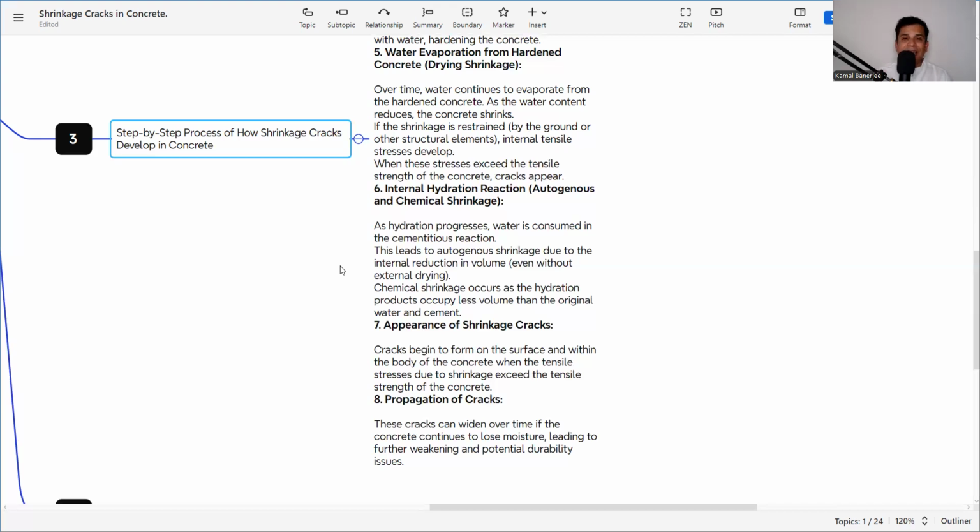And why do they appear? Whenever the volume reduces, tensile stress is generated inside the concrete, and if this tensile stress is higher than the tensile strength capacity of the concrete, the cracks will appear. So these are the things about shrinkage cracks and the step by step process.